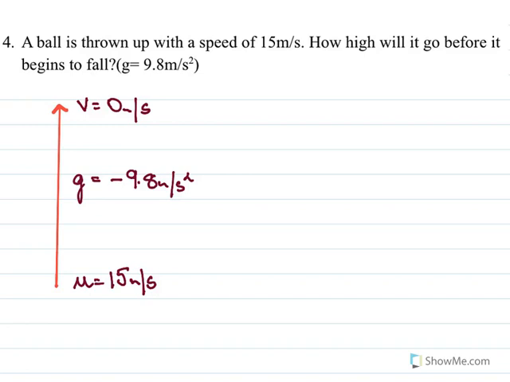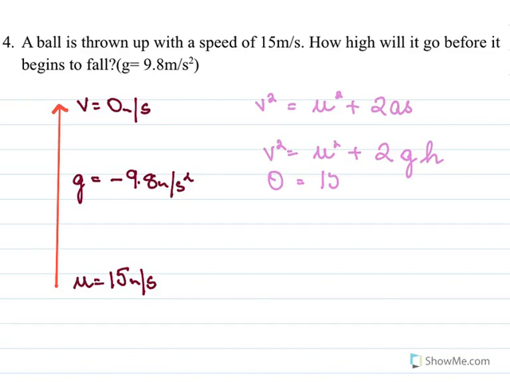Here we use the equation. In the sum we will use V square equal to U square plus 2GS. It is the same as 2AS, but we know that for a body which is rising up, the A becomes G, the S becomes H. So we have 0 equal to 15 square for a rising body minus 9.8.